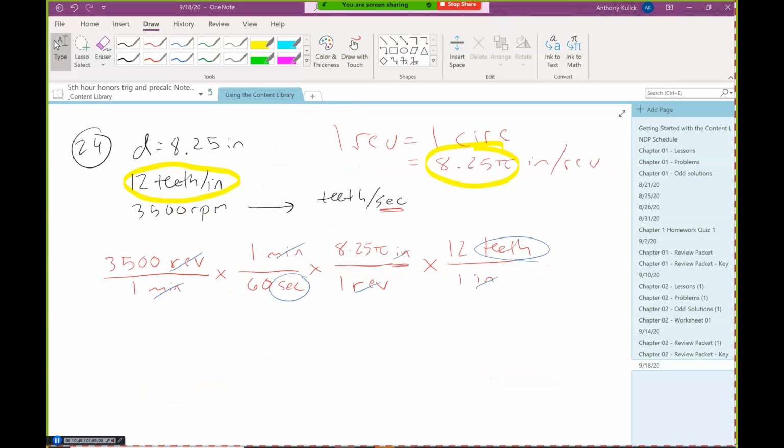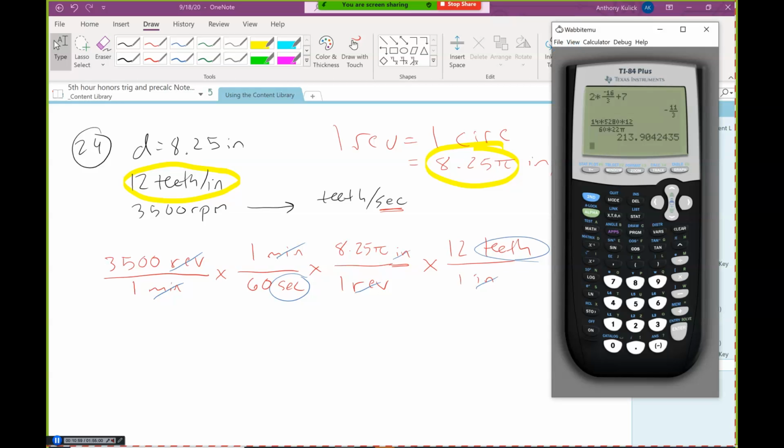So all I need to do is to type this into my calculator. And you could do this like on the main screen of your calculator, or you could do it with the fraction command. And I think that that's often going to be helpful because you don't have to worry so much about parentheses or anything. So if you do the alpha y equals, and you pick the numerator over denominator option, that'll give you the fraction in your calculator.